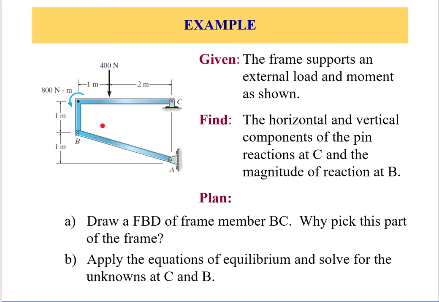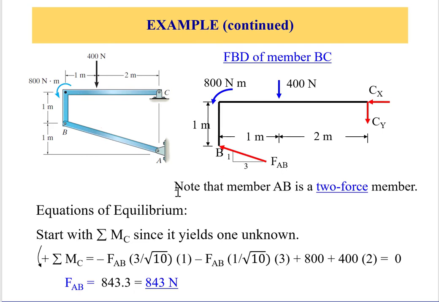So following this, the first step is to fix all the forces on the L shape BC. The external forces are the moment, the force downward, and FAB. It has no other direction because BA is a truss member. However, we don't know the directions of the reaction forces at C, so we'll keep them general.